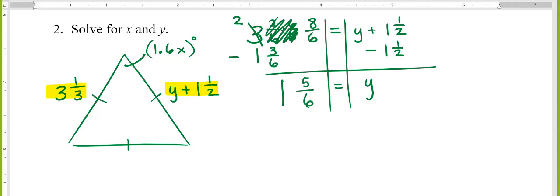Let's go talk about the angle. Every angle in an equiangular triangle is equal to 60. So 1.6x has to equal 60. Divide both sides by 1.6.